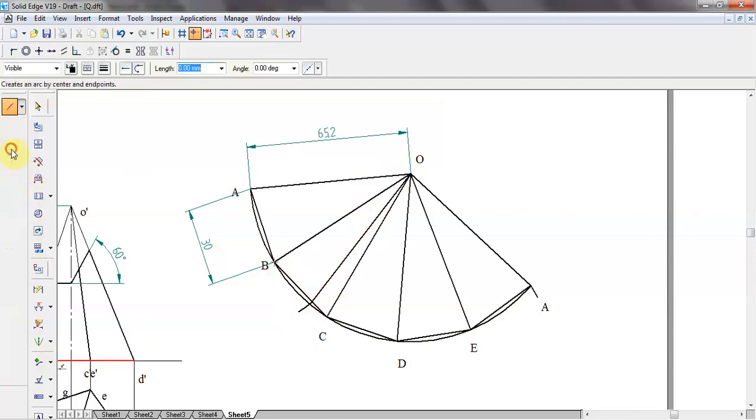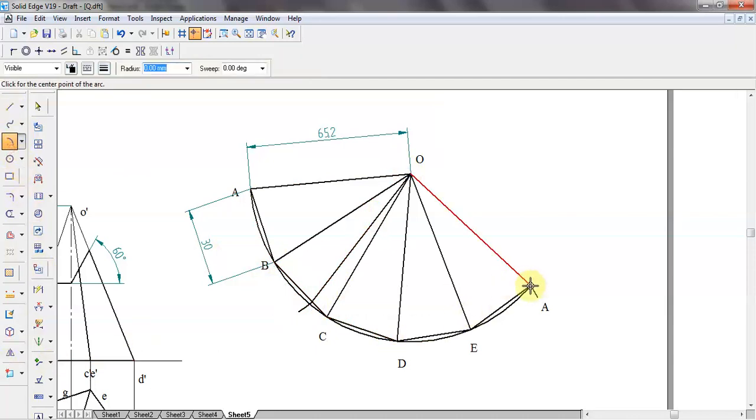Again take an arc, this 21.71, and join to the apex.